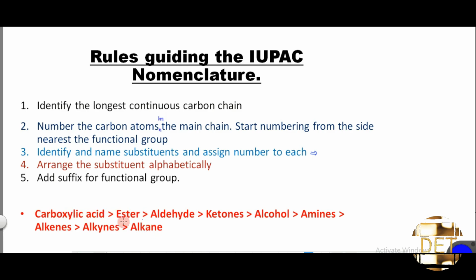So this is the order of priority of the functional groups. The most powerful here is the carboxylic acid, followed by the esters, aldehydes, ketones, alcohols, amines, alkenes, and alkynes.